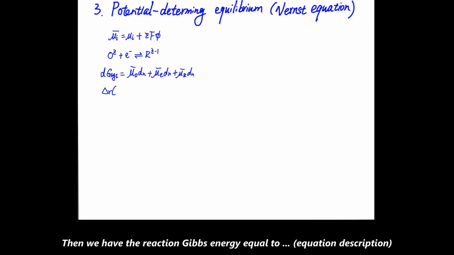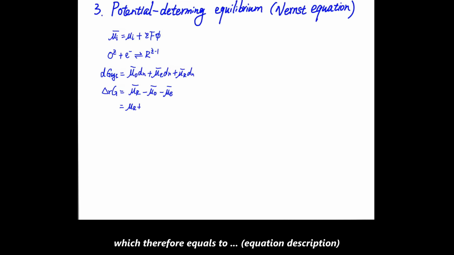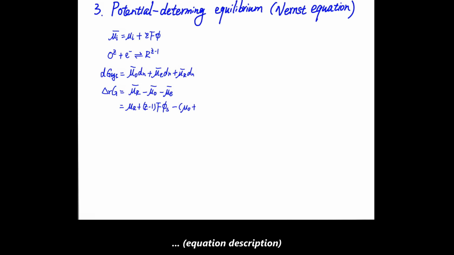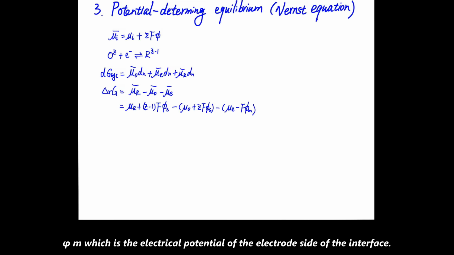Then we have the reaction Gibbs energy equals μR' minus μO' minus μe', which therefore equals μR plus (z minus 1) times F times φS, which is the electrical potential of the solution side of the interface, minus μO plus zFφS, minus brackets μe minus FφM, and φM is the electrical potential of the electrode side of the interface.